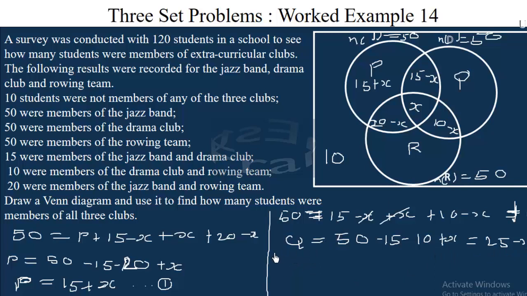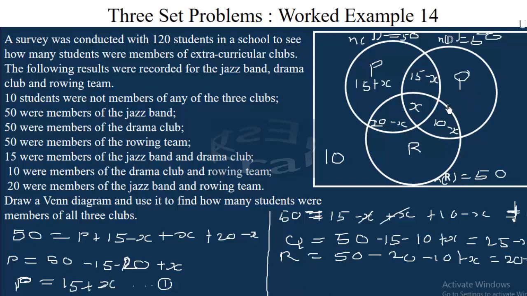So now we find R. We know R will also be equal to 50 minus 20 minus 10 plus x. And this will be equal to 20 plus x.